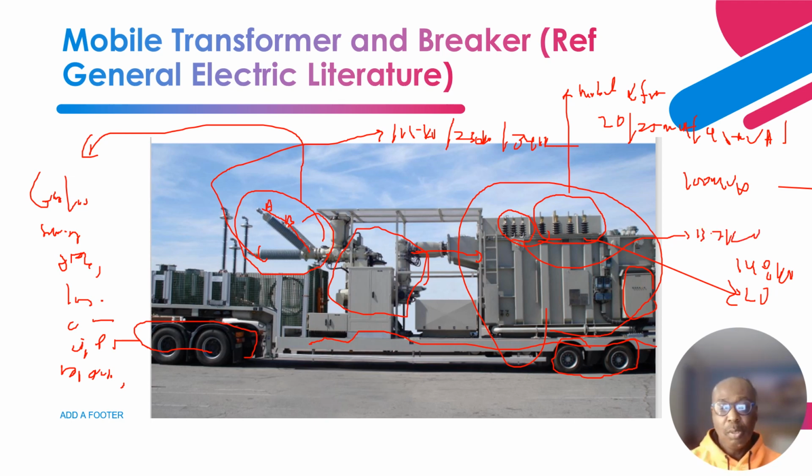Okay, so these are the low voltage windings that you can connect, based on what low voltage system you have. If you have a 14.8 kV voltage, then you can connect to this one, and let's say 13.2 kV, then you can connect to this one. So this one is the low voltage side, and this one is the high voltage side, right?